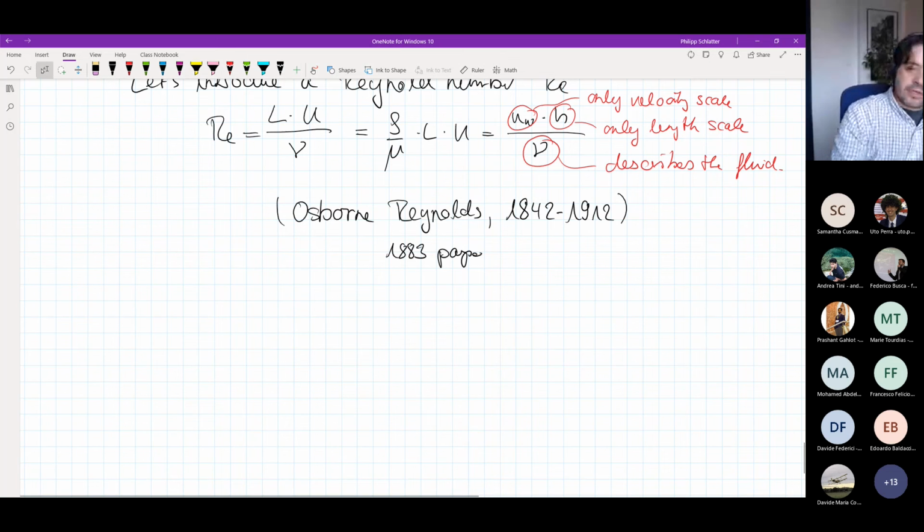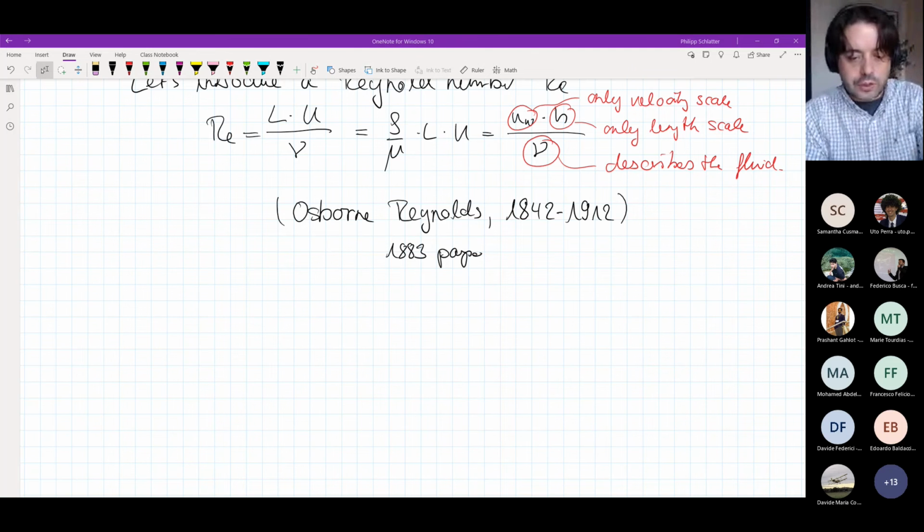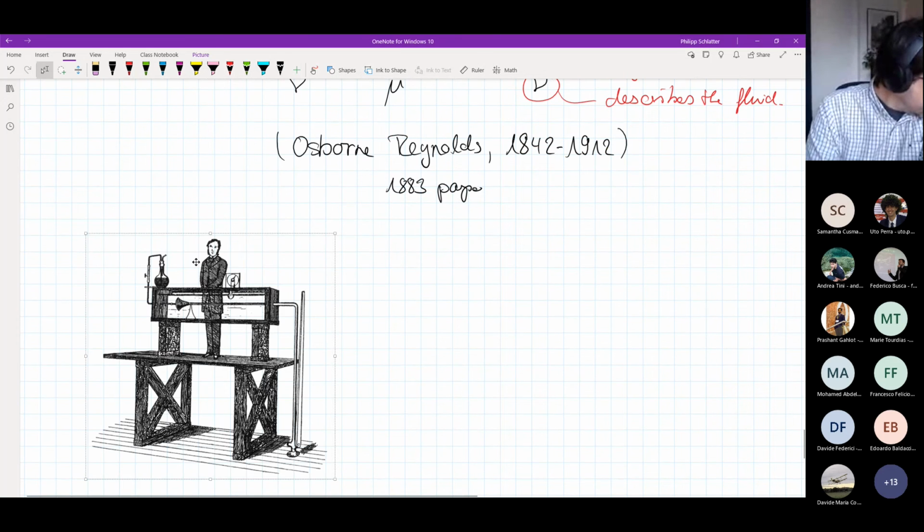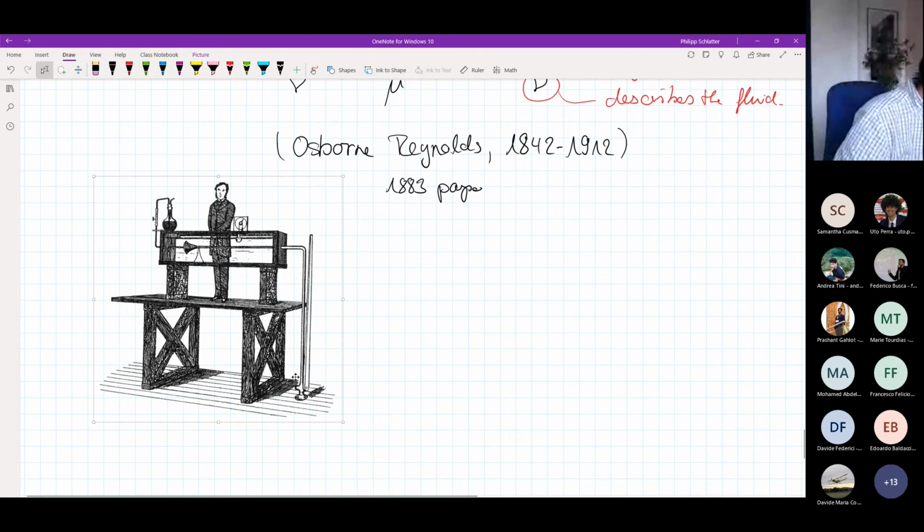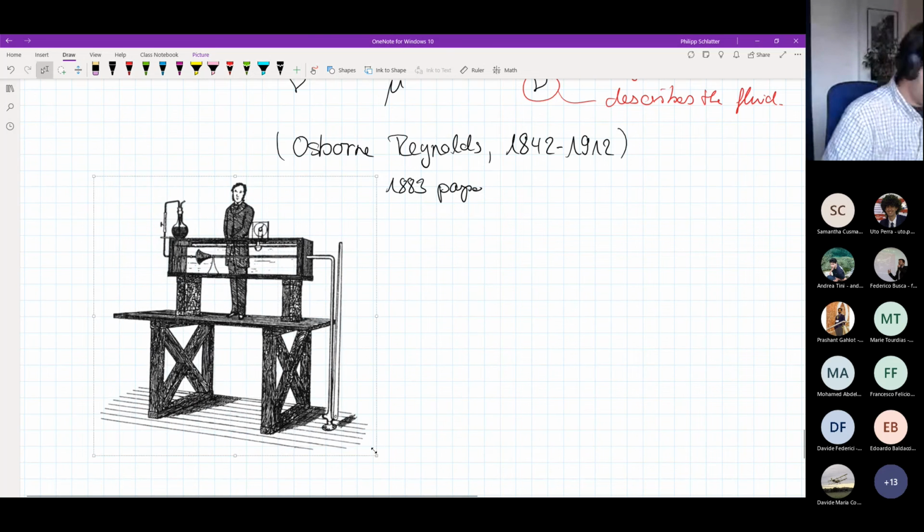I would like to very briefly show you how he came up with the Reynolds number, because I think it's quite interesting to discuss a little bit. So this is an illustration taken from that particular 1883 paper.